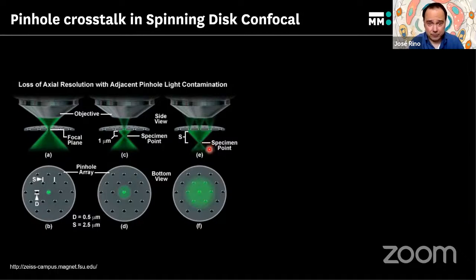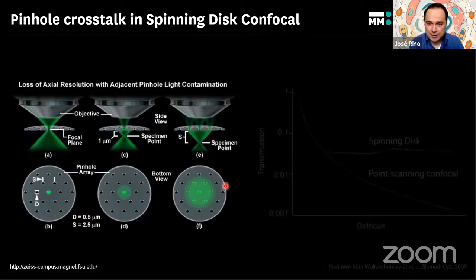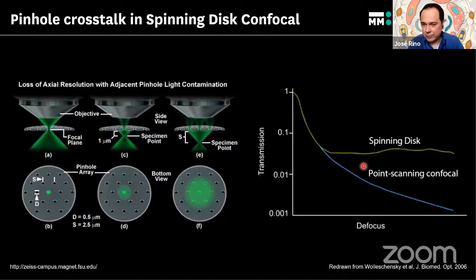So this means that if you are really far away from a fluorescent probe in your sample that's emitting light, light from it will not be fully rejected by the spinning disk, because part of it will go through the initial pinhole, but also through adjacent pinholes. So what this means is that, contrary to the point scanning confocal, where the further away you get from the focal plane, the less and less light goes through the pinhole, and that's how you achieve optical sectioning, on a spinning disk there's a limit to this.